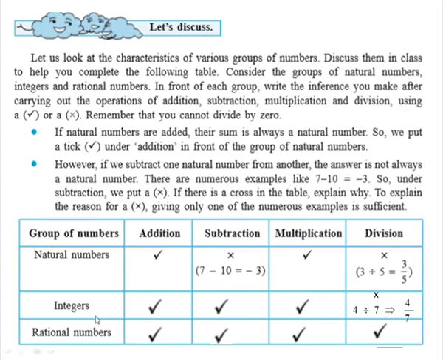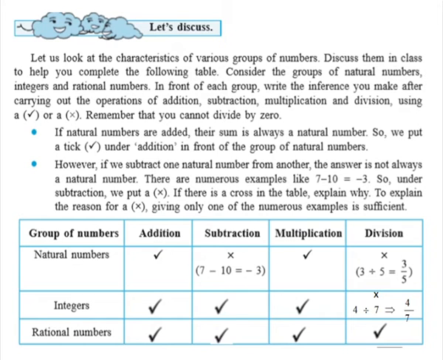Now let us look at the set of integers. When you add any two integers, again the same thing. Negative 2, negative 4. Here the sum is negative 6. Negative 6 is also an integer. Hence addition is closed for the set of integers. Similarly, when you subtract one integer from another, the difference is also an integer.